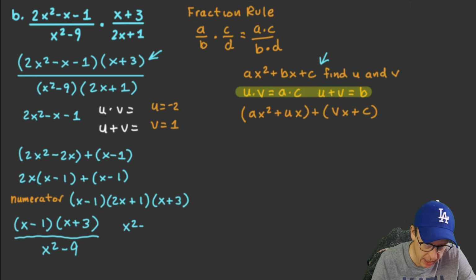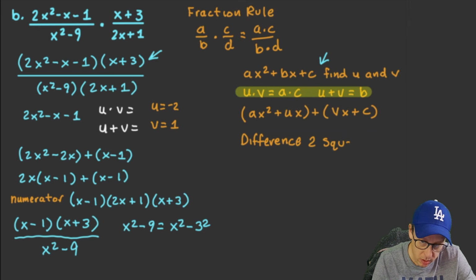X squared minus 9 is equal to x squared minus 3 squared. And we can do our difference of two squares again. This is a rule that we used before, so difference of two squares. And it says that if we have x squared minus y squared, this is going to be equal to x plus y and x minus y.